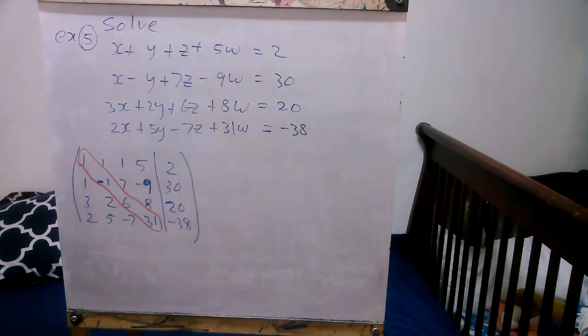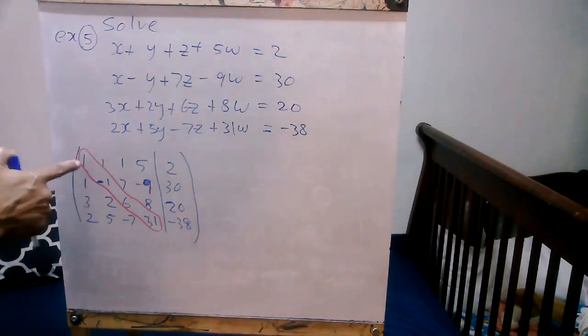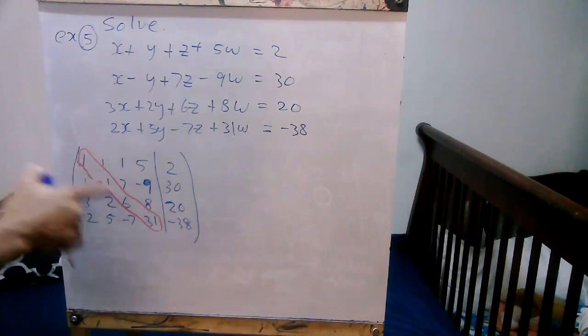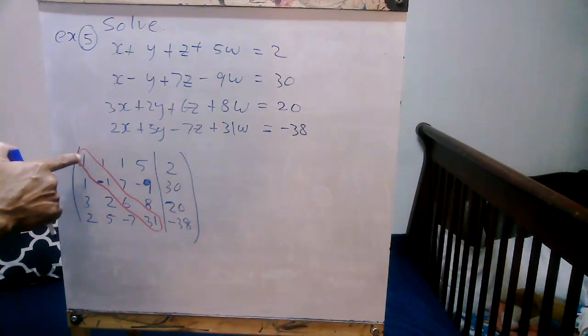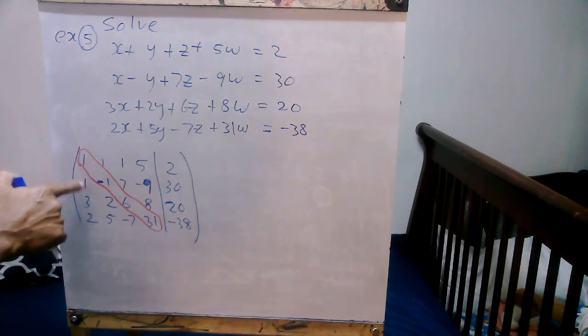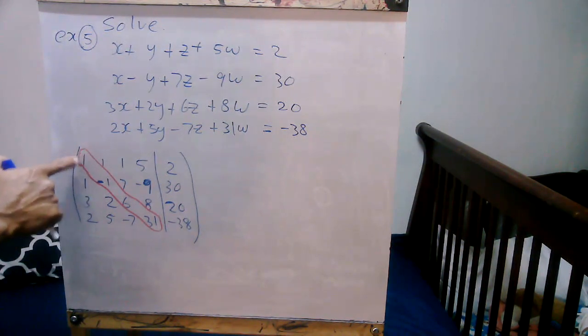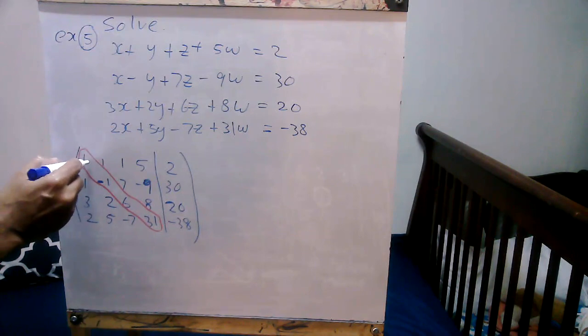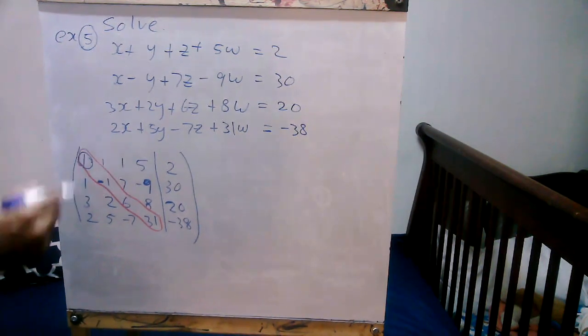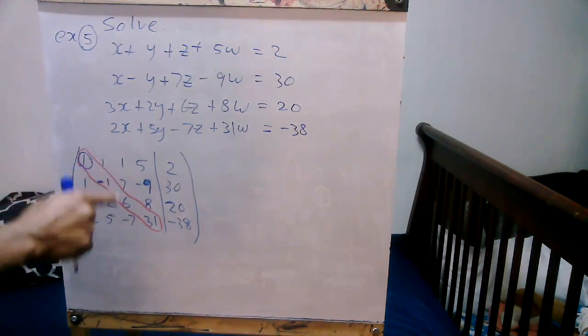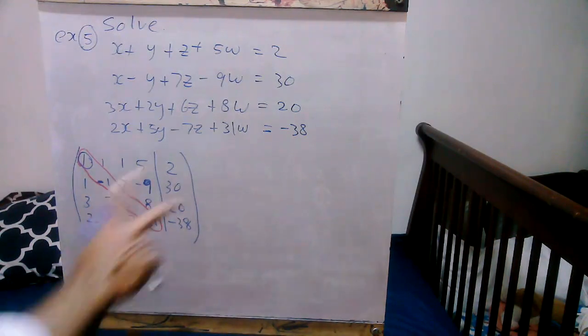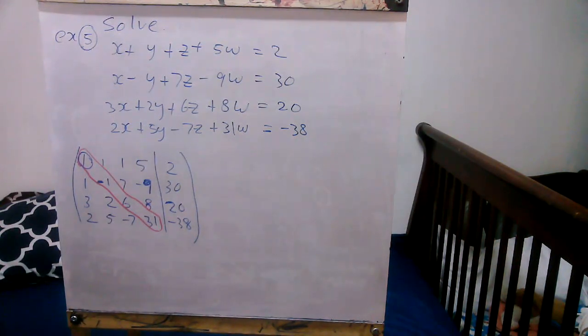Okay, now I let you do the row operations. Here you see one of the diagonal elements is 1. You may pick this one and make the rest of this column 0, taking this as the pivot, then the next one, and do those row operations.